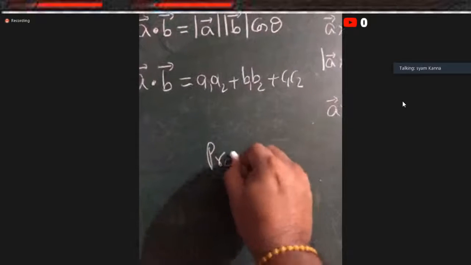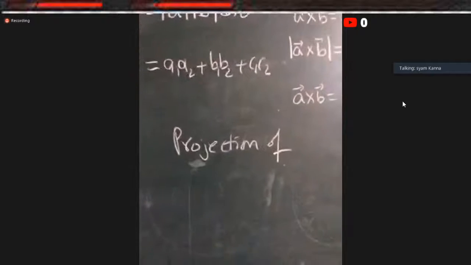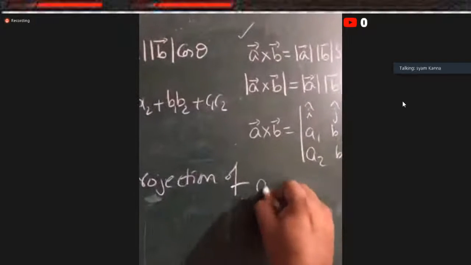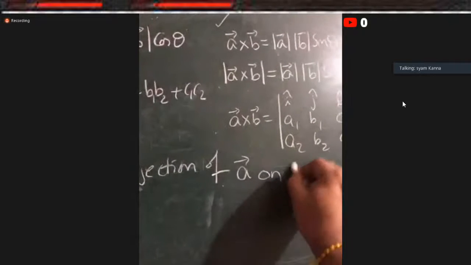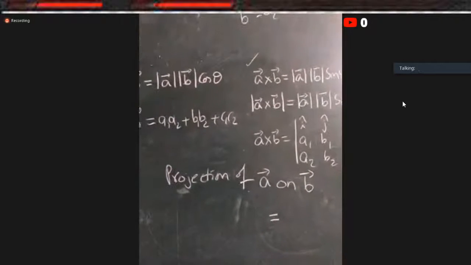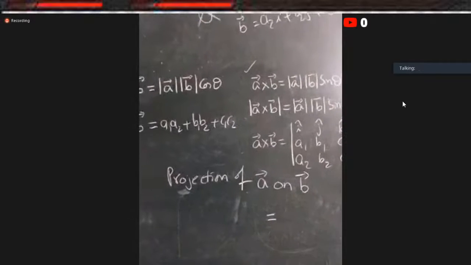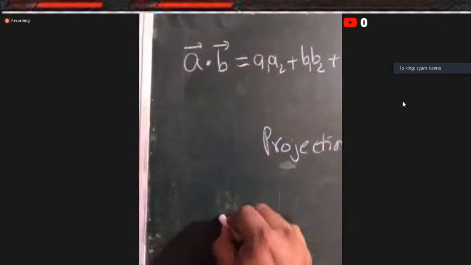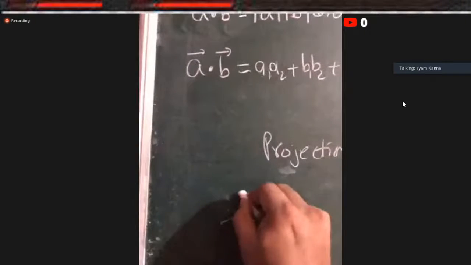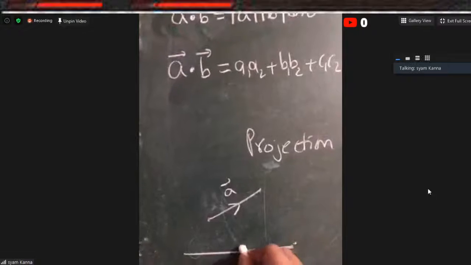Projection of A bar on B bar. The meaning of that is, suppose A bar is here like this and B bar is like this.